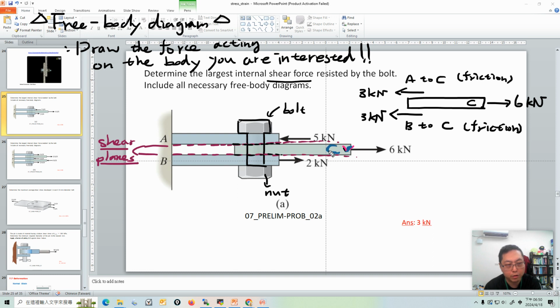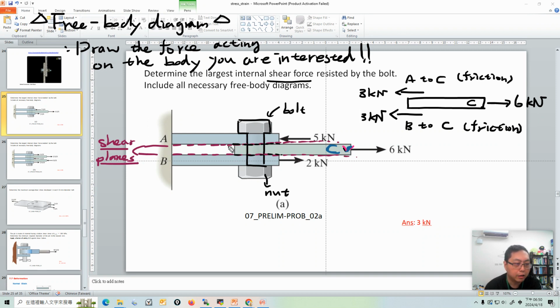This is member C. If you want to draw the free body diagram of C, you must draw the forces acting on C. For example, this 6 kilonewton is acting on C, so we have to draw it.